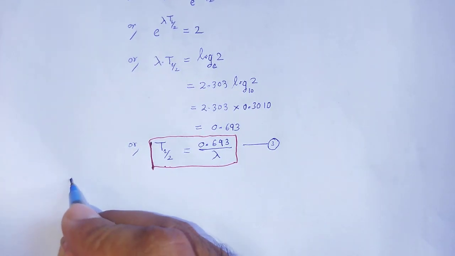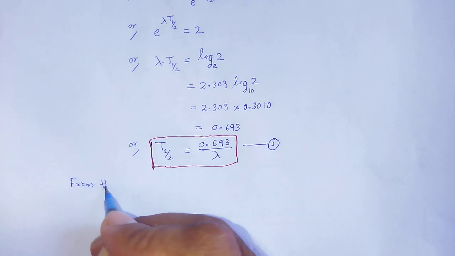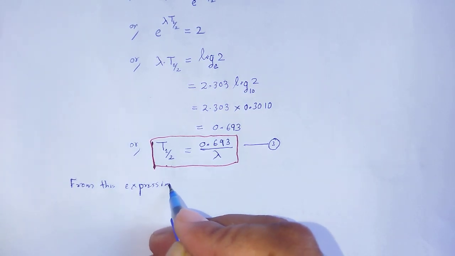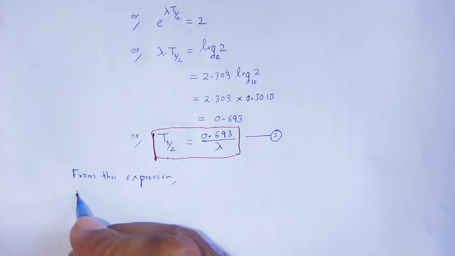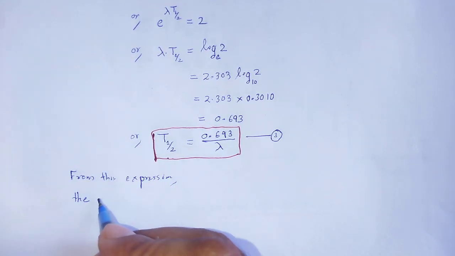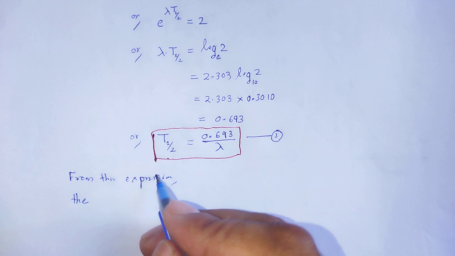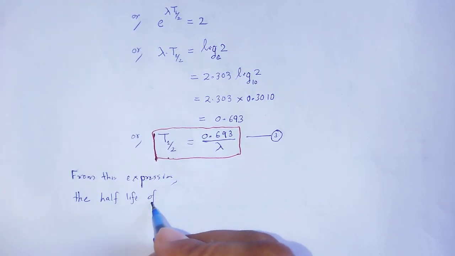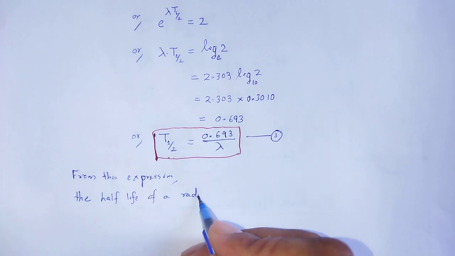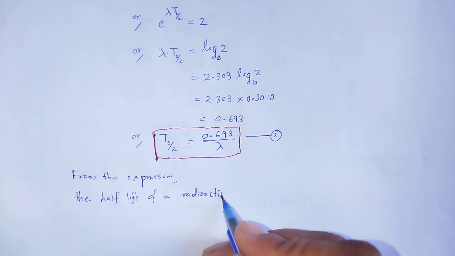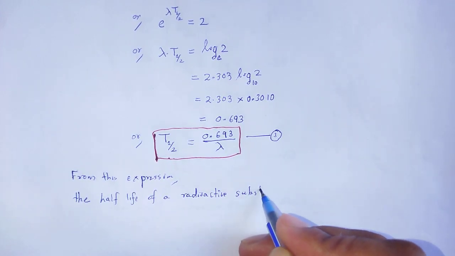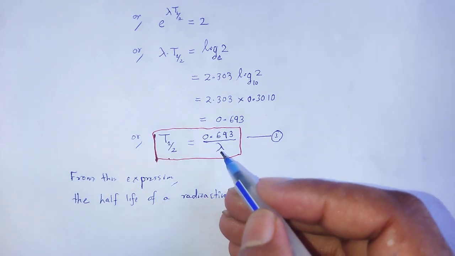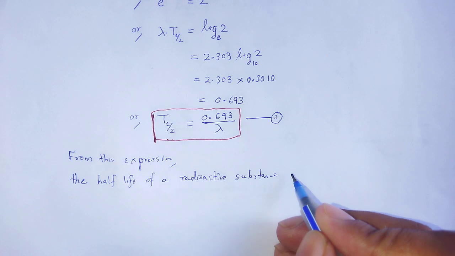From this expression, the half-life of a radioactive substance is inversely proportional to its decay constant.